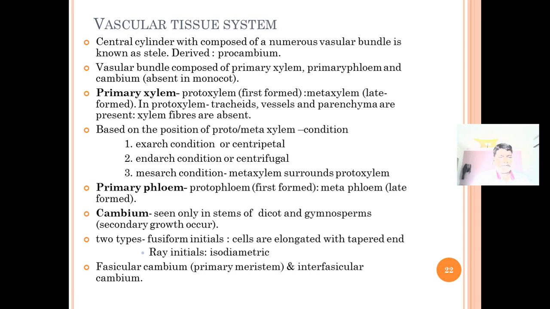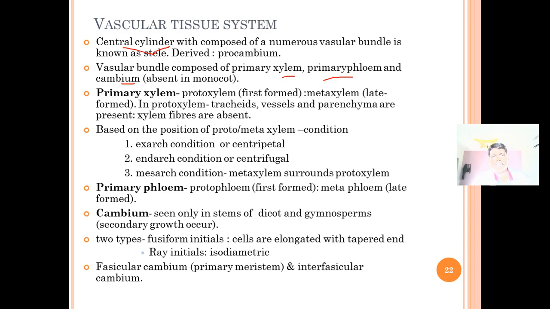The next is the vascular tissue system. In the vascular tissue system, the central cylinder, the stele, is composed of xylem and phloem, primary xylem and primary phloem, and in dicots cambium is also present, which is absent in monocots.